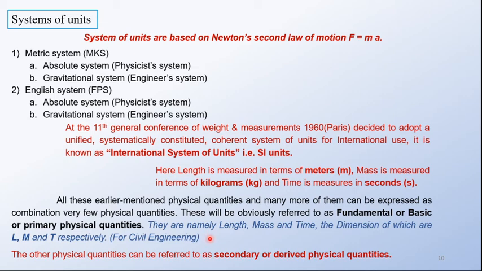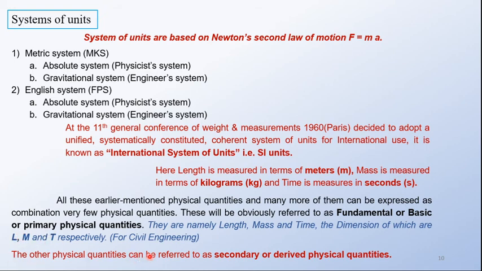Maybe in some other engineering fields, the other quantities like temperature or resistance, for a matter of fact, may be a fundamental unit for measuring many things. But as far as civil engineering is concerned, we'll be talking in terms of length, mass, and time.